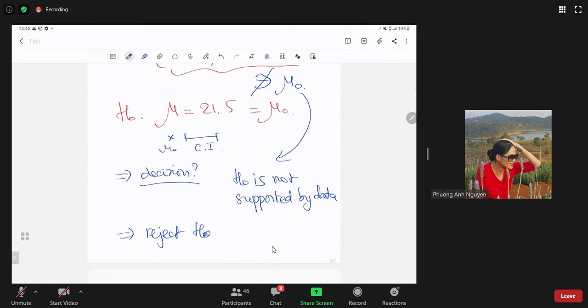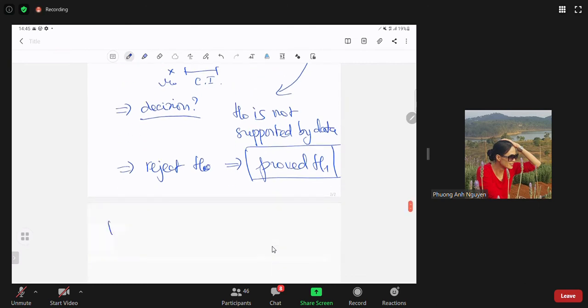In this case, you already proved H1. You collected data and found enough evidence to reject my statement and to say that I'm wrong. So it is a way to test a hypothesis using the confidence interval.